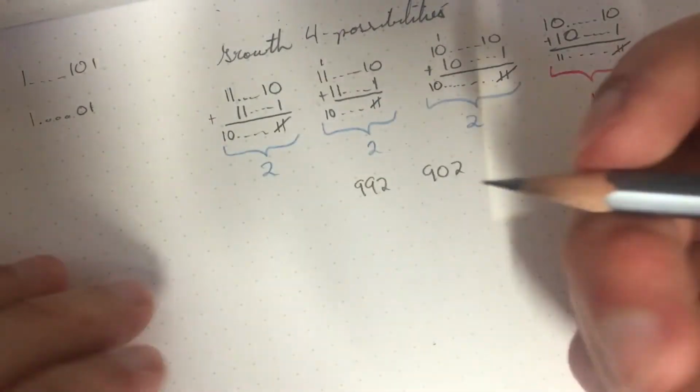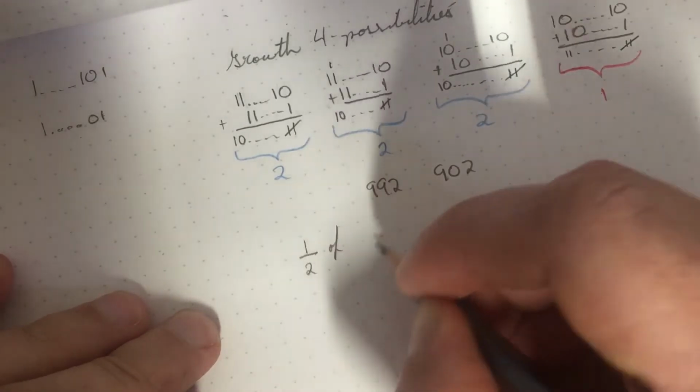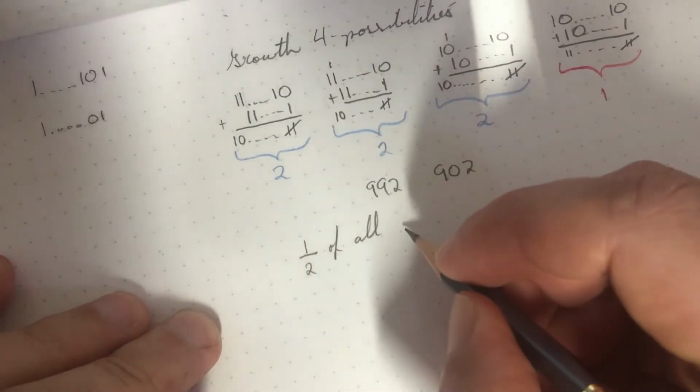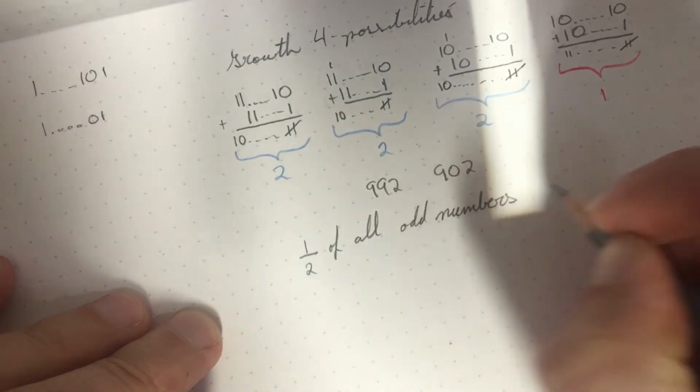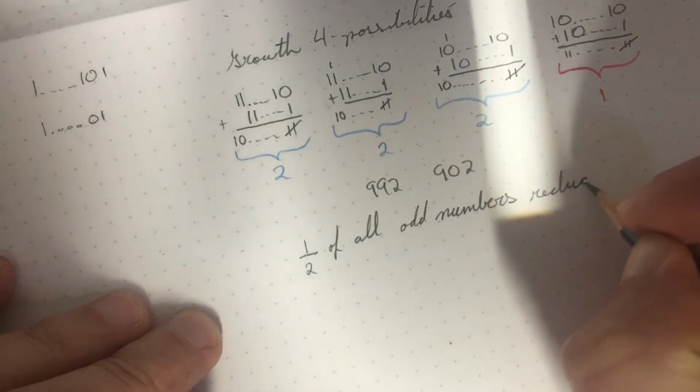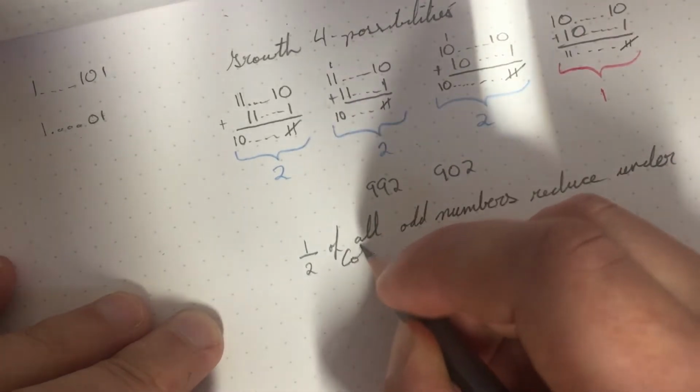So right away, I've got half of all odd numbers reducing under Collatz as a result.